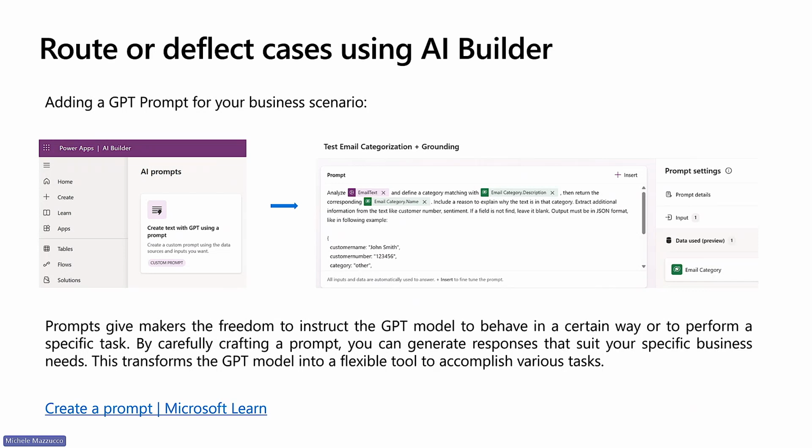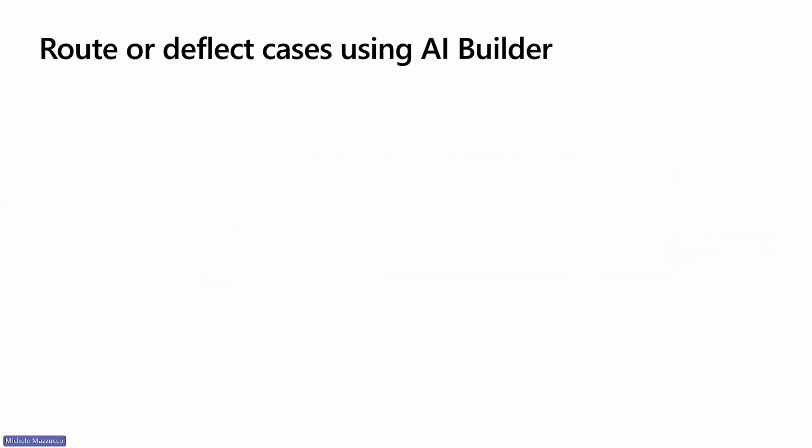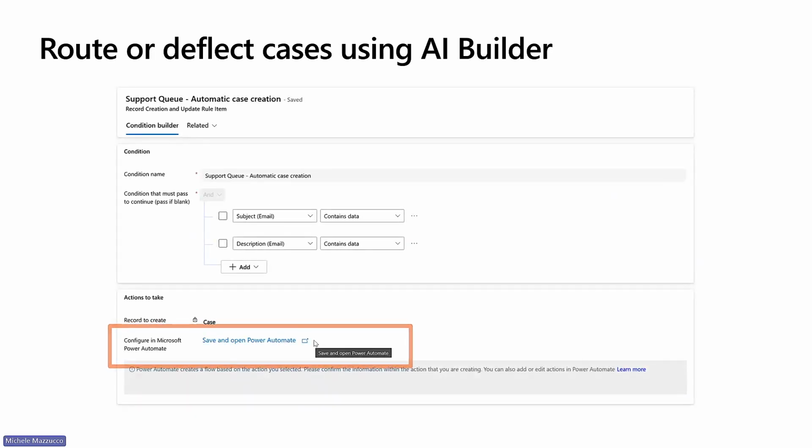If you wish to have more information on how to create a custom prompt, please refer to the documentation at this link. Once our prompt is ready, we can proceed to integrate it in our email-to-case process. In Dynamics 365, we already have automatic record creation rules that will automate the case creation when a new email arrives.